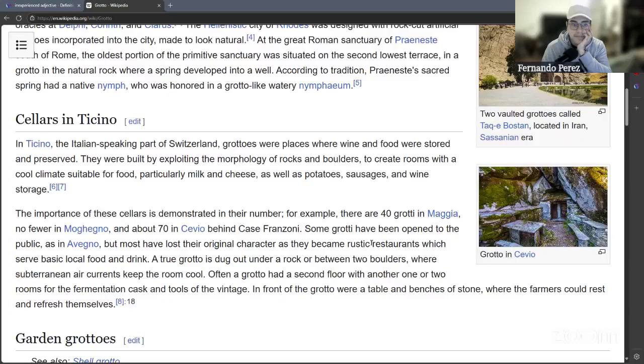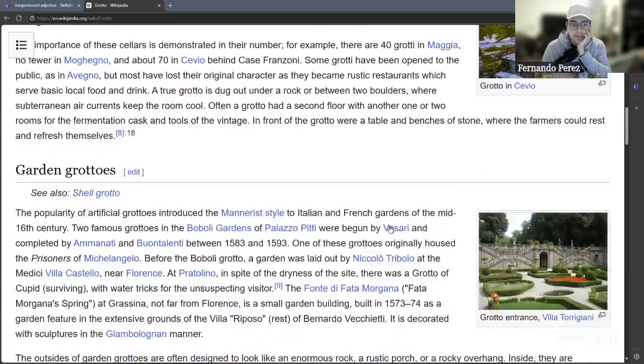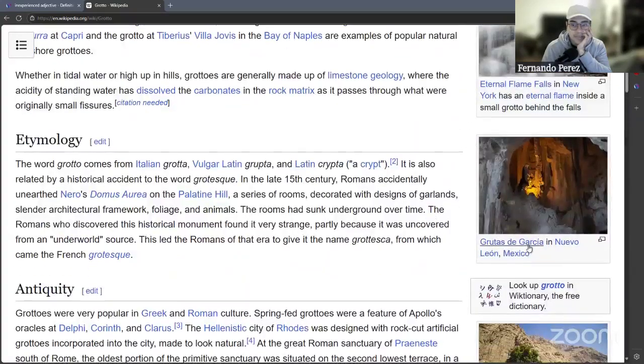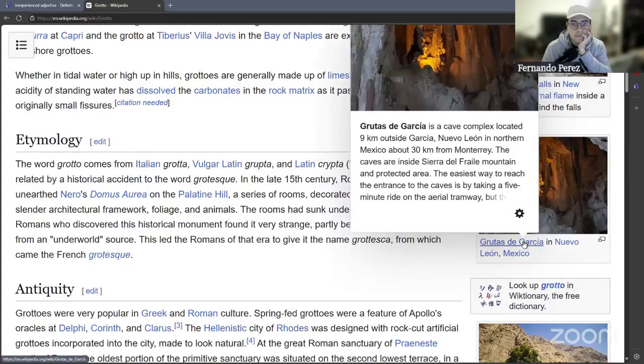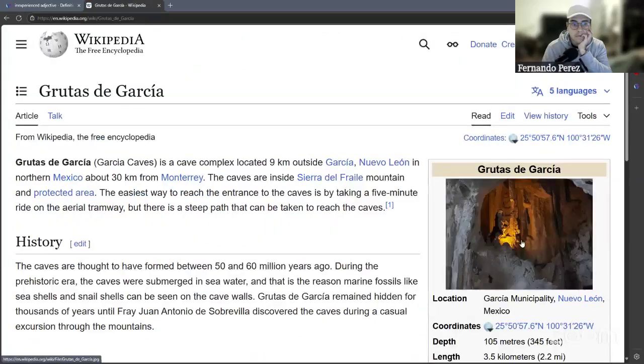But do you see that the names are usually like in Spanish? Look, it has a cave complex. Caves. Grot.